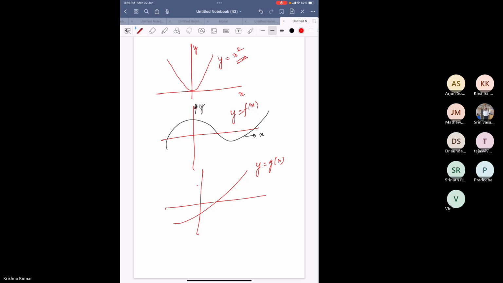Now, these functions, x squared and some function of x, I want to know whether they have an inverse or not. We had already seen this. How do I find out whether they have an inverse or not?